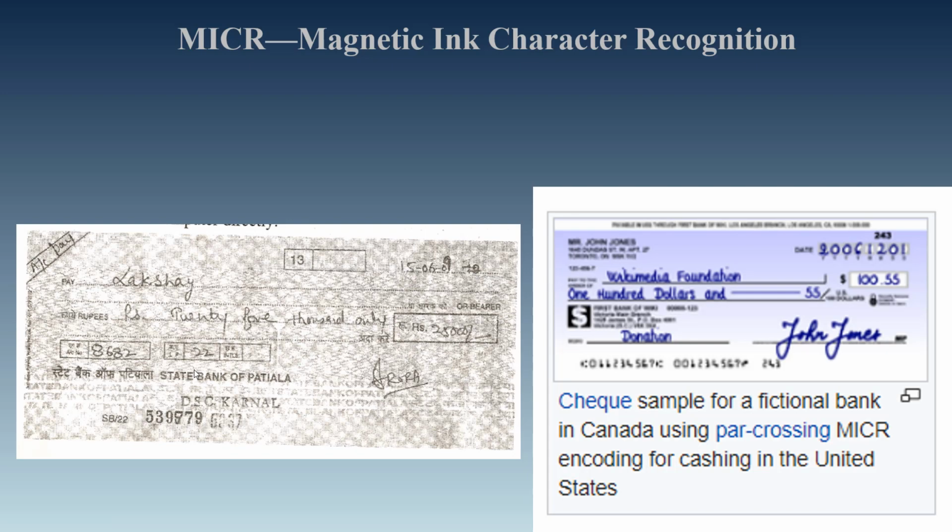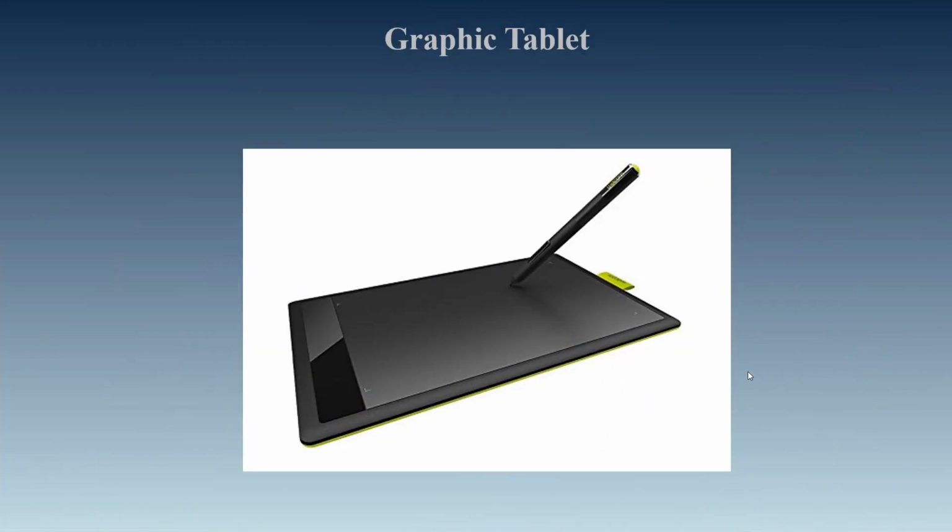It gets encoded or translated using a special device which we call MICR, so that the bank personnel doesn't have to go through all those details. Like this one, you can see all these characters are written using magnetic ink, and this special device MICR can recognize it. It saves a lot of time during transactions for the customer as well as the bank.